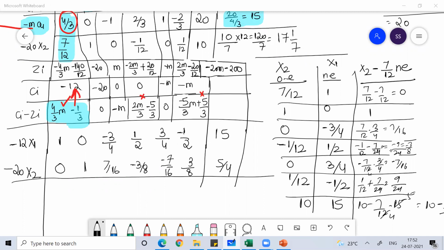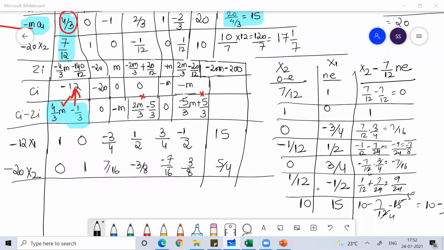So you get this value. 0 minus 3 by 4 into 7 by 12, so this is minus 7 by 16, you'll get, right? 0 minus 7 by 12 into 3 by 4, so minus 7 by 16.